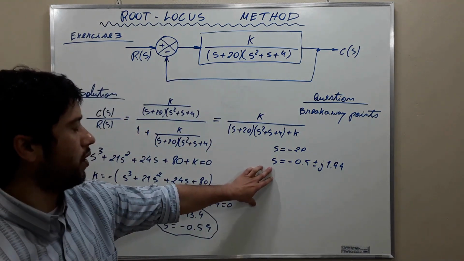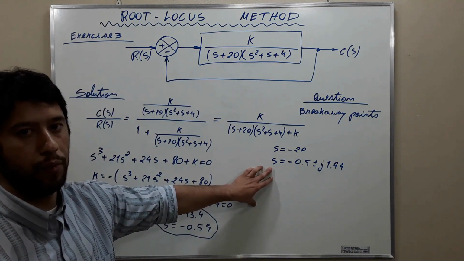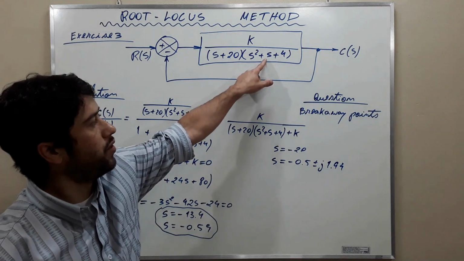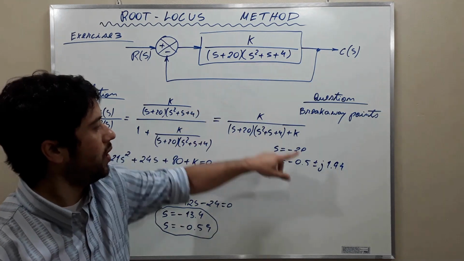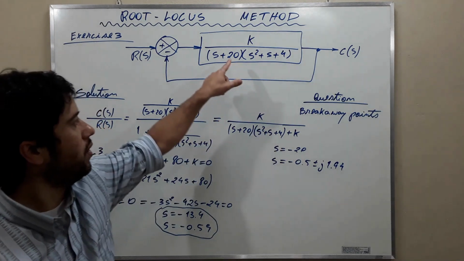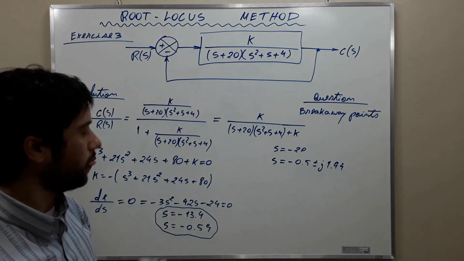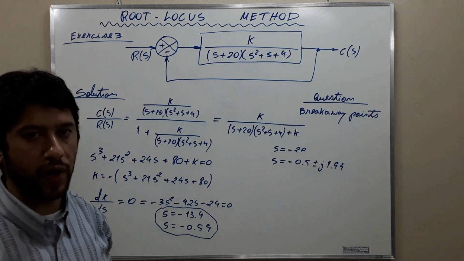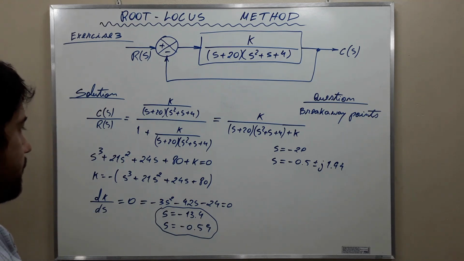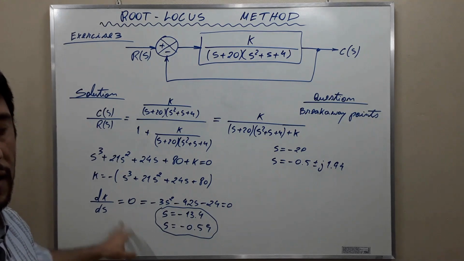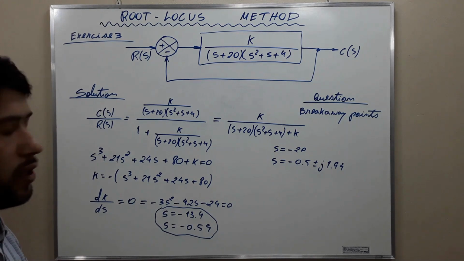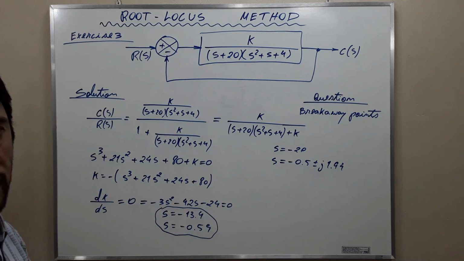These complex conjugate open loop poles are the roots of this equation, and S equal to minus 20 is the root of this equation here. Okay? Now we need to assess if the breakaway points lie in the root locus along the real axis.